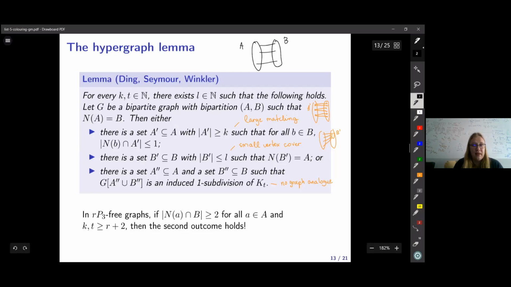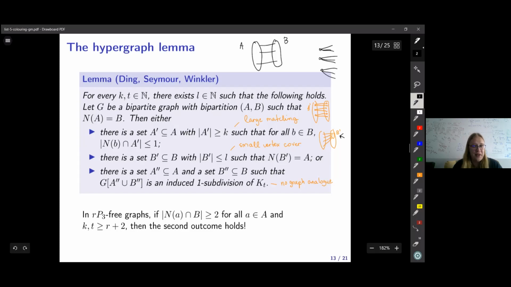Then one of three things happens. It could be that I have a lot of vertices in A that don't have common neighbors in B. This in the hypergraph would be a large matching, right? It could be that I have a lot of vertices in A and their neighbor sets in B are disjoint. Or I could have a small vertex cover, which in this context means a small subset B prime of B, such that every vertex in A has a neighbor in B prime.